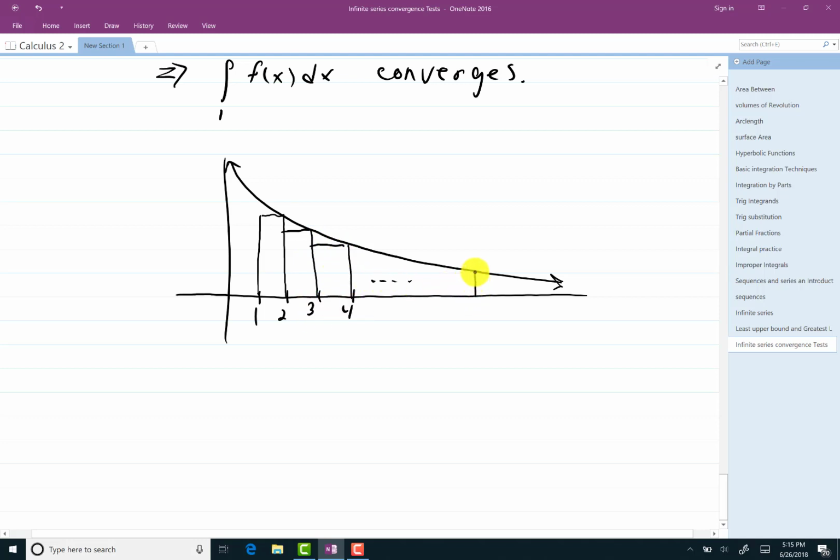I'll have 1 over here, where that'll be n. And the heights of them then, we are going to have f of 2, and then the next height will be f of 3, and the next height will be f of 4, etc. And this one here will be f of n.